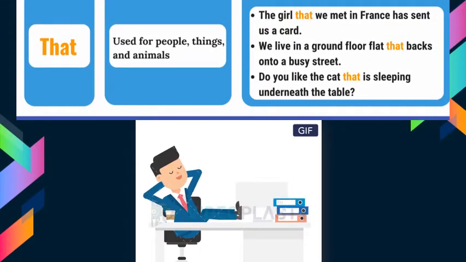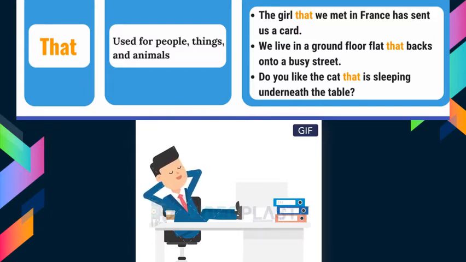And that, when do we use that? We use that when we are talking about people, things, or animals, and it can be replaced by who or which. Okay, and we have some examples. The girl that we met in France has sent us a card. We live in a ground floor flat that backs onto a busy street. And we have one more. Do you like the cat that is sleeping underneath the table?